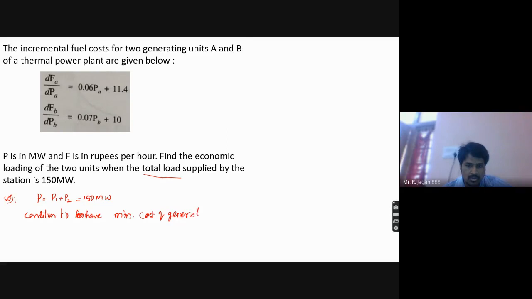That is nothing but ∂FA/∂PA equals ∂FB/∂PB. Correct or not? This is the condition we need to follow to allocate the load. So now equate these two equations.